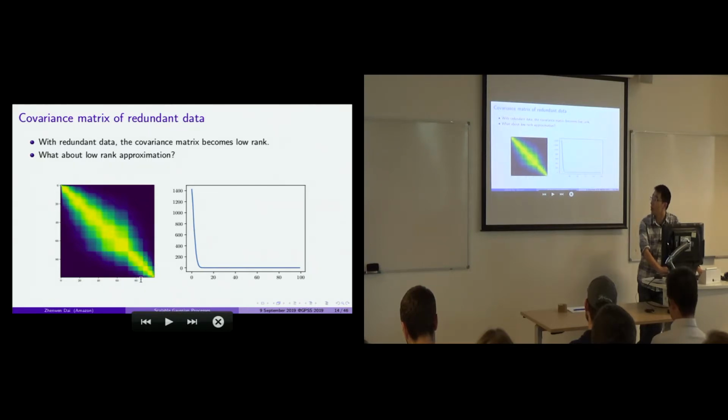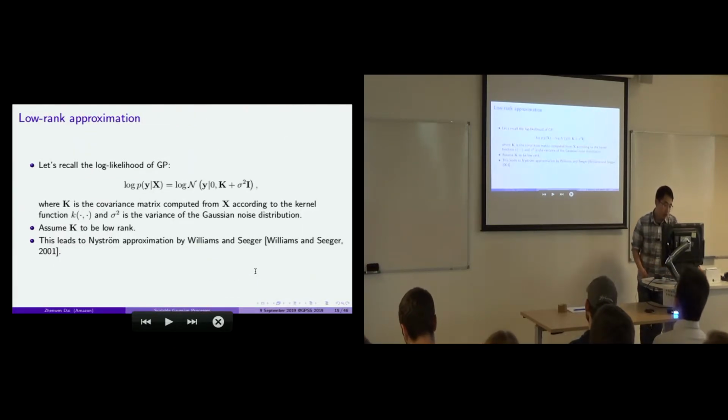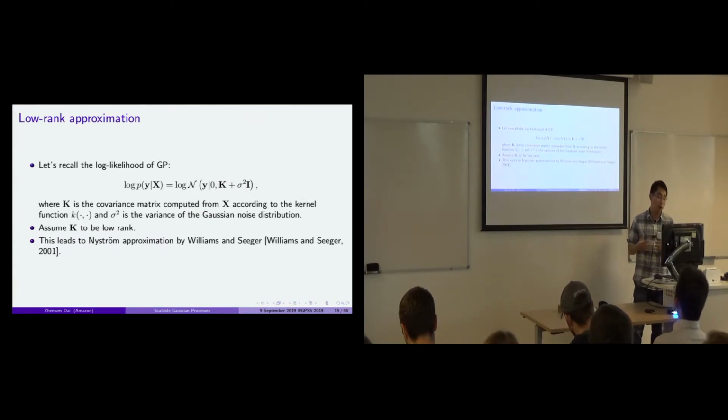On the left is the histogram of the covariance matrix, and on the right are the eigenvalues of the covariance matrix sorted from high to low. You can see that beyond about 10, they are already very close to 0. So one direction for approximate Gaussian processes is to exploit this commonly occurring low-rank structure in the covariance matrix.